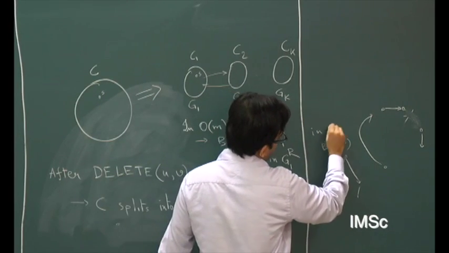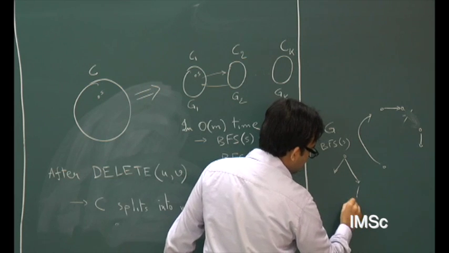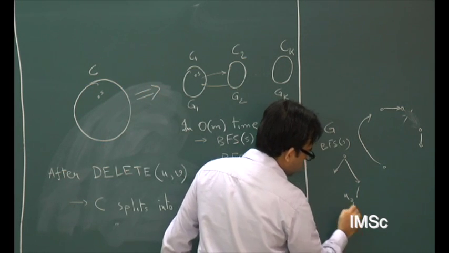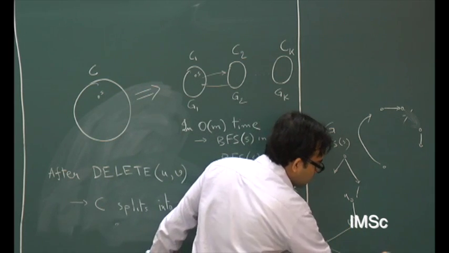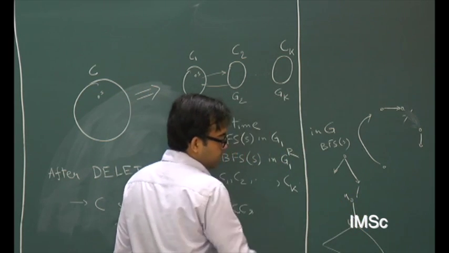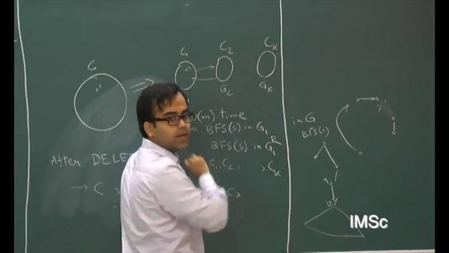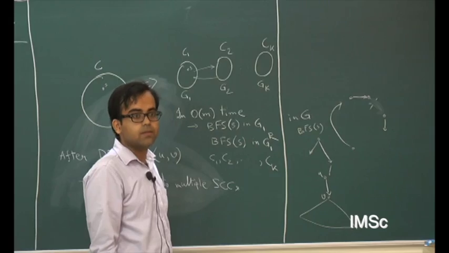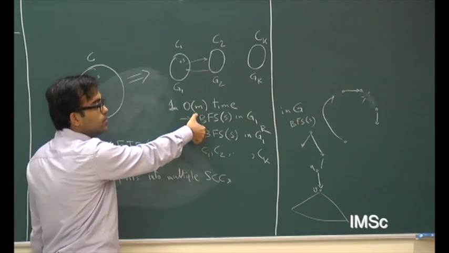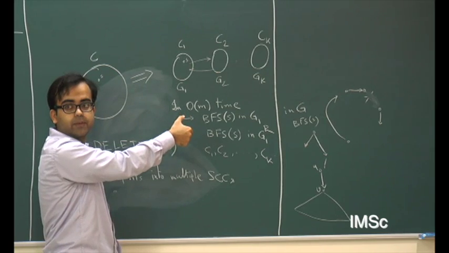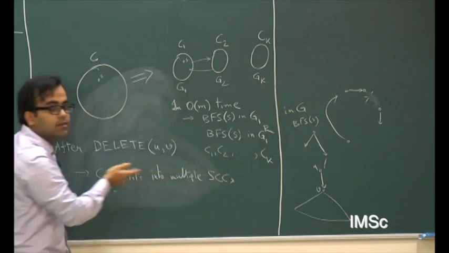This was in G, and now this UV thing got deleted, right. You are saying that the subtree rooted at V, all these nodes will belong to one connected component? Not necessarily, because you have this condition that the nodes need to simultaneously belong to two different BFS trees, and we do not know how this BFS tree in GR looks like.